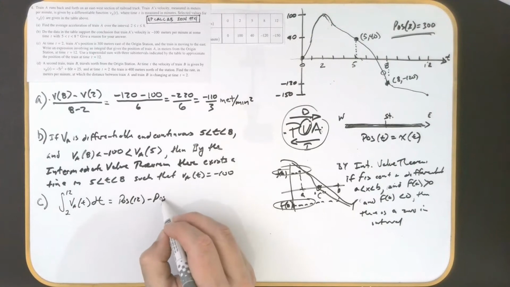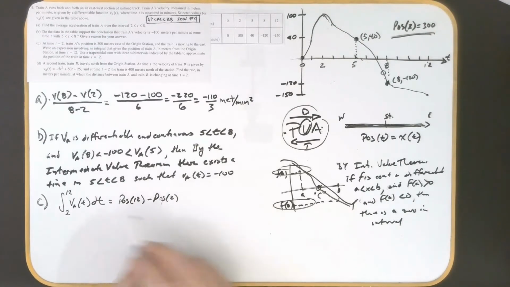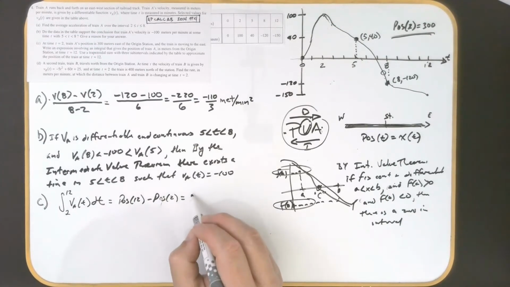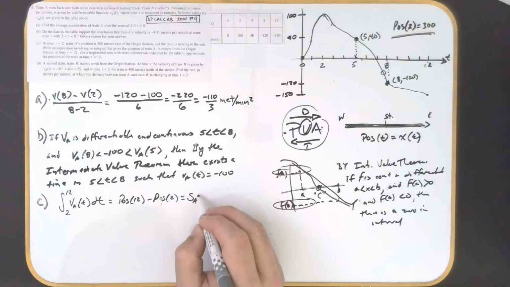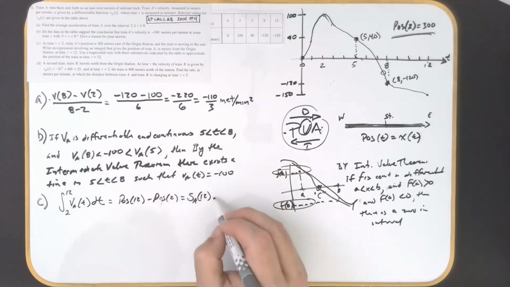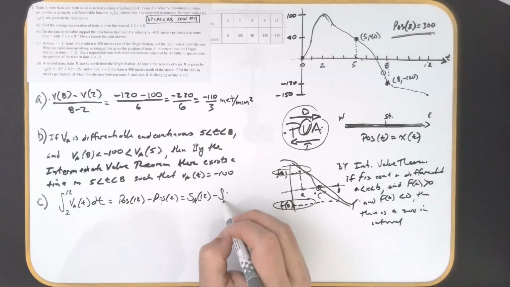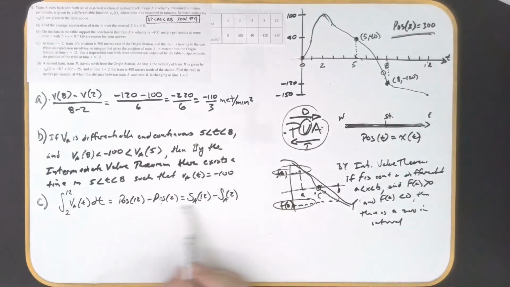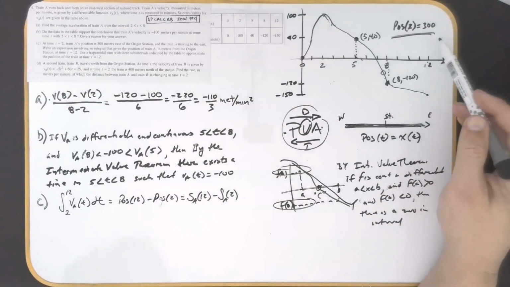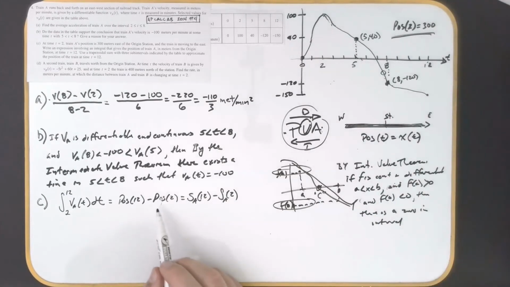Now I'm just using my own little notation here, position, but what you'll want to do is say, well, I'm just going to use S. That's the variable they like to use. So the position of train A at 12 minus the position of train A at 2. Okay, so I'm just showing you that means position. Now, in the question, they just told us right here the position of the train at 2 is 300. So we know that these are 300 here.